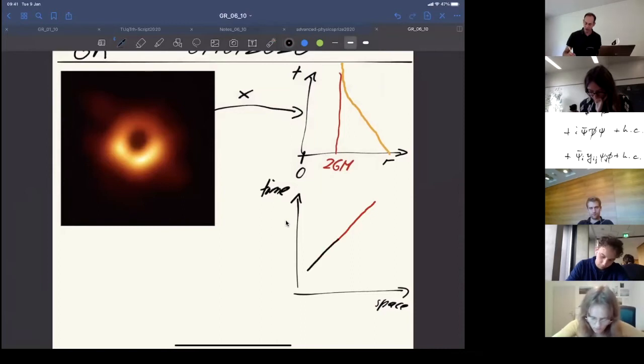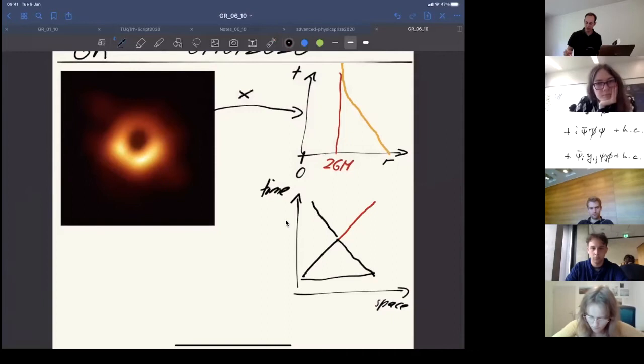So I see somehow something that looks like this. Maybe I'll just explain in a minute what that means when I say I see that. So this is called the singularity.